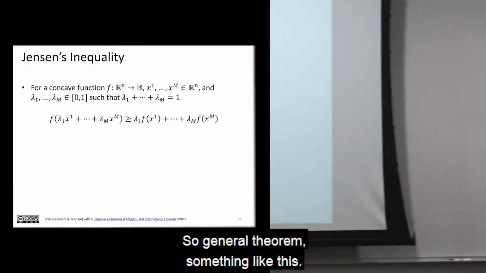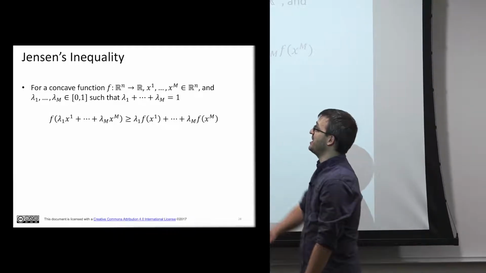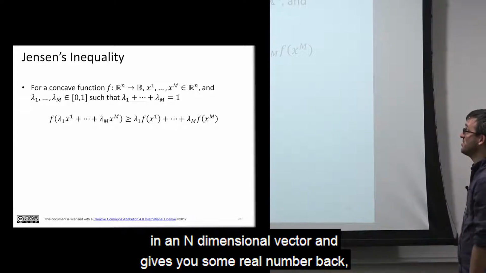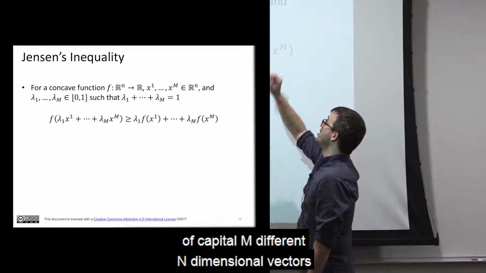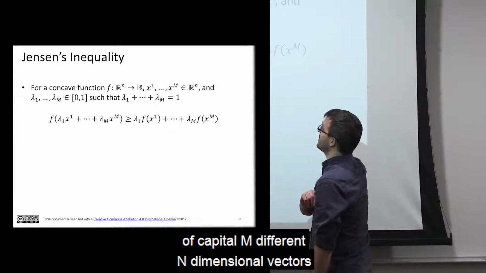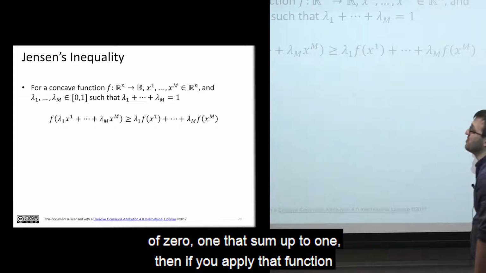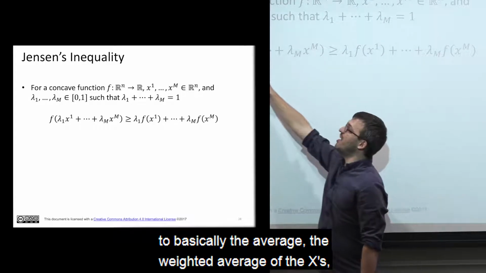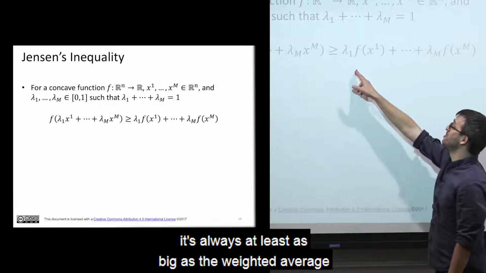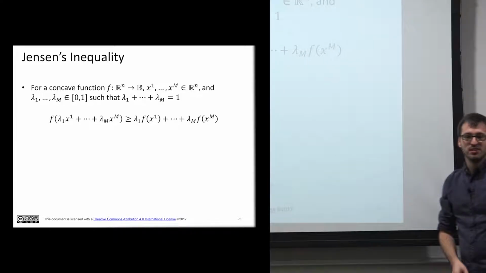So general theorem, something like this. If you have a concave function that takes in an n-dimensional vector and gives you some real number back, and you have a collection of capital M different n-dimensional vectors, and a collection of coefficients in the interval 0, 1 that sum up to 1, then if you apply that function to the weighted average of the x's, it's always at least as big as the weighted average of the function applied to each of the individual x's.